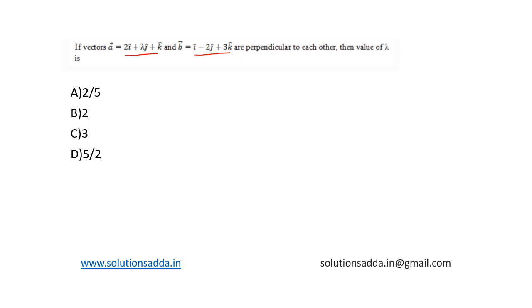Since they are perpendicular to each other, we can write the dot product as 2i plus lambda j plus k dot i minus 2j plus 3k is equal to 0. Now let's calculate the value of lambda.